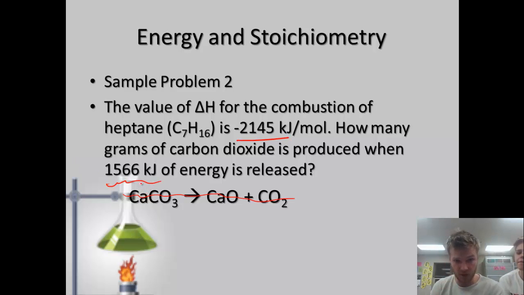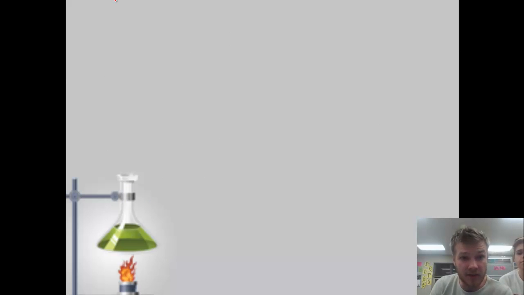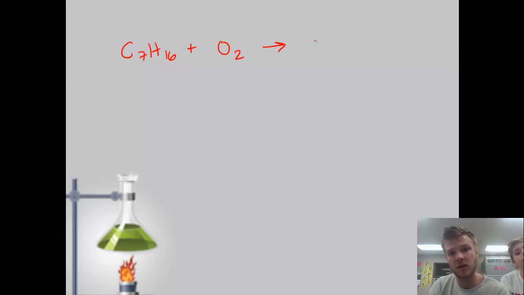So this is going to be a little tricky. First of all, let's write our reaction. And I'll go ahead and do that on the next page. This is combustion, so I know it's C7H16, and it's going to be reacting with oxygen, and it's going to be making carbon dioxide and water. So this is not balanced.